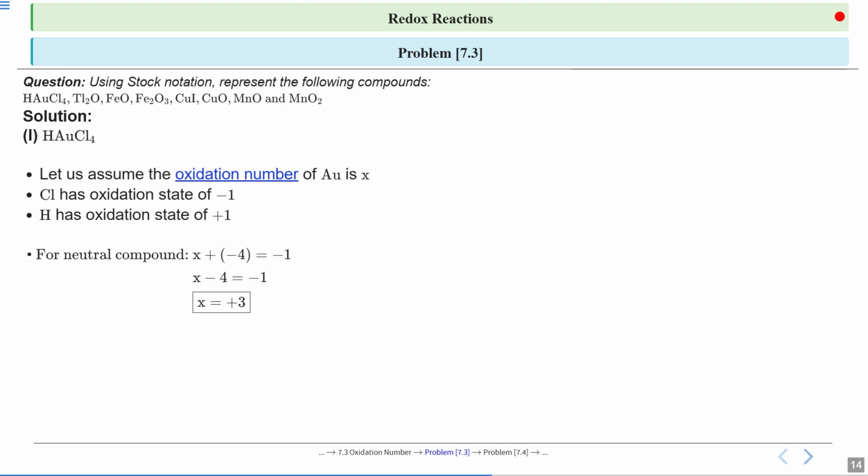So in HAuCl4, for a neutral compound, x plus -4 equals -1, then x minus 4 equals -1, and from here you can calculate x to be +3. That means Au has a +3 oxidation number, so it can be represented as HAu(III)Cl4.